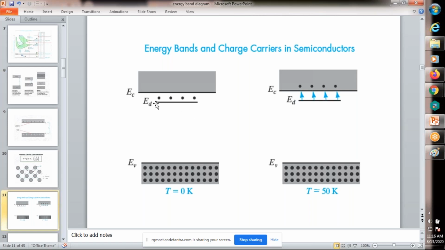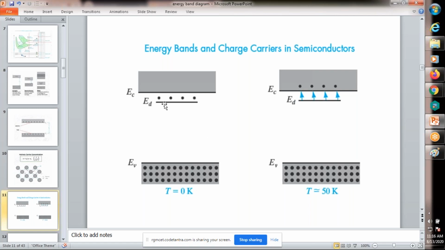We add some donor atoms. Due to this, it creates one energy level just below the conduction band, and it has some electrons very near the conduction band.